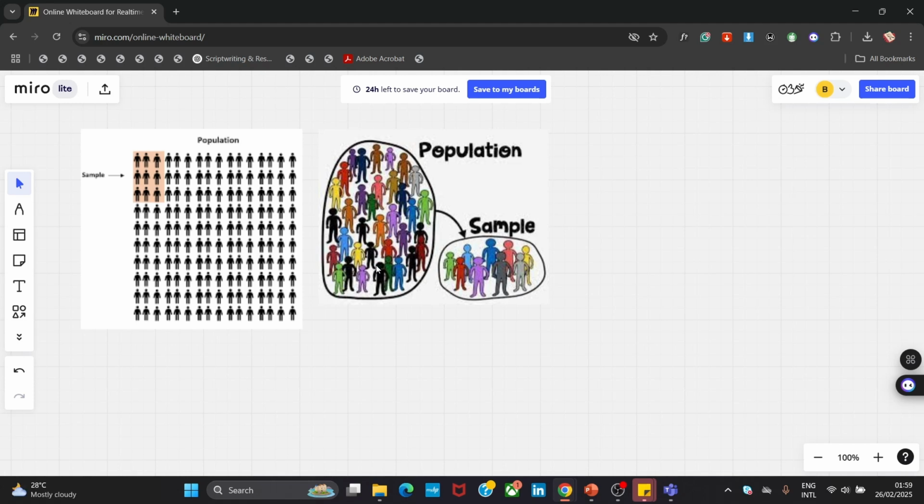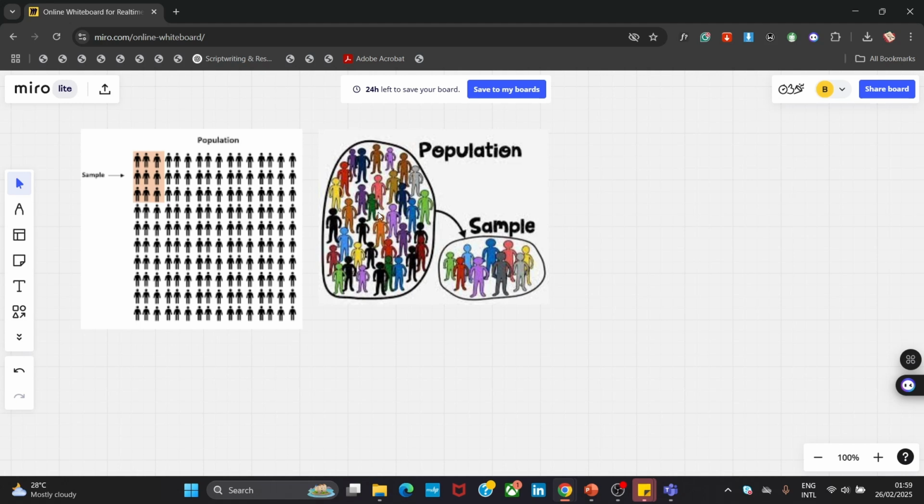As you can see, this shows the entire number of members in this given group. Now, when we are talking about sample, a sample is just like a small fragment of the population. So, as you can see, this is just a small fragment of the population.